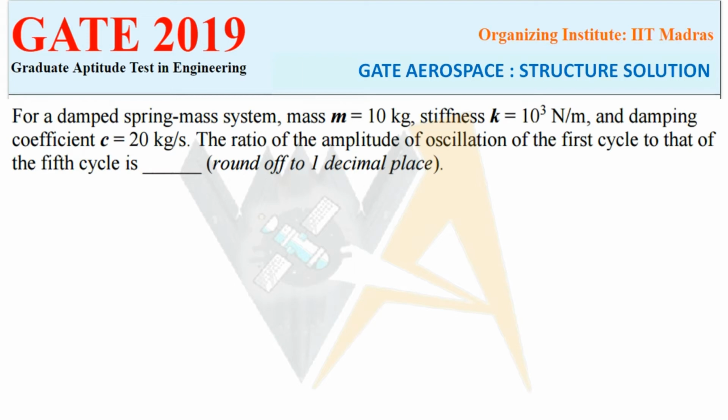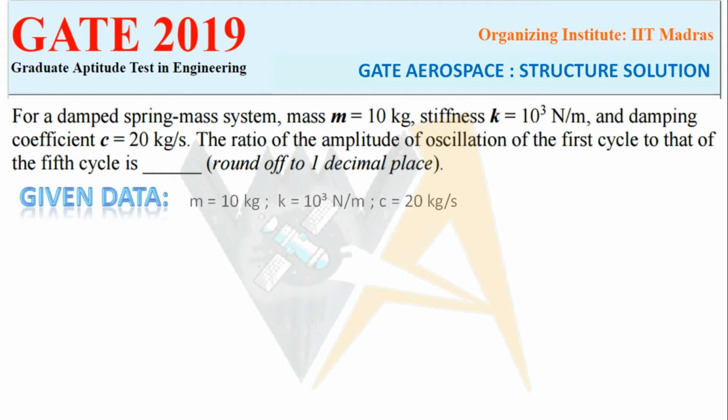Next question, for a damped spring mass system, mass M equals 100 kg, stiffness K equals 10 power 3 newton per meter, and damping coefficient C equals 20 kg per second. The ratio of amplitude of oscillation of the first cycle to that of the fifth cycle is, rounded off to 1 decimal place.